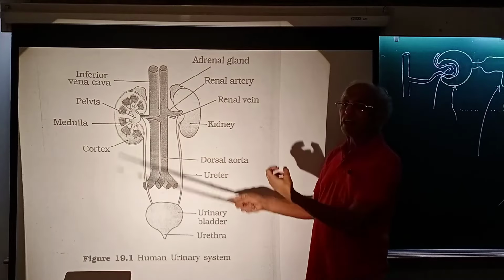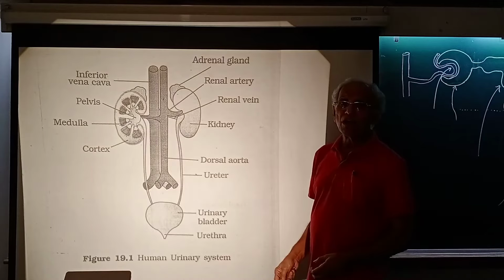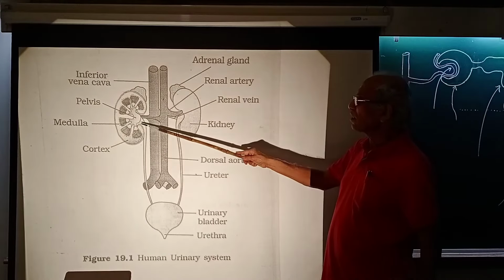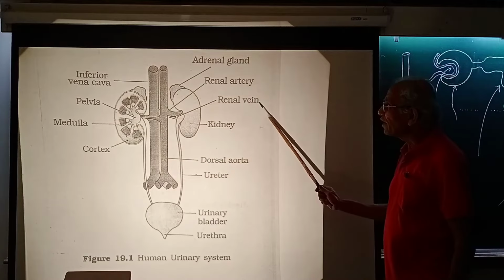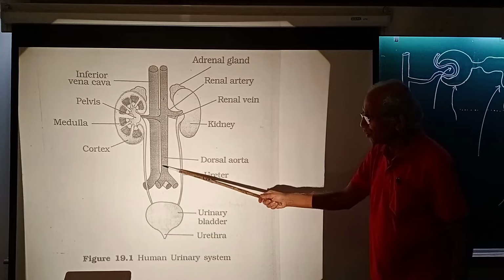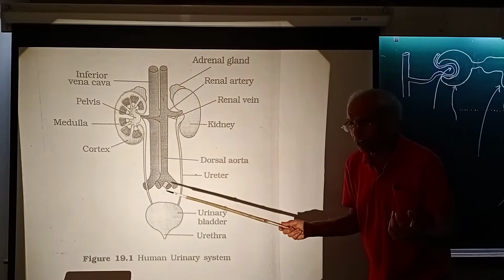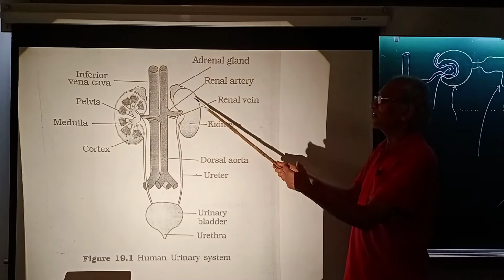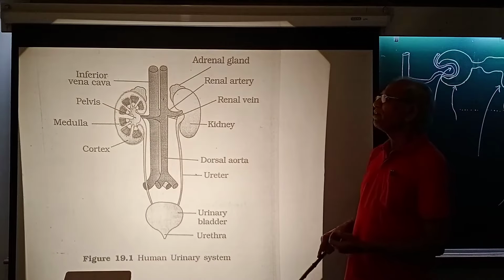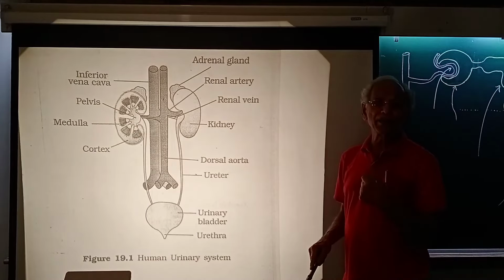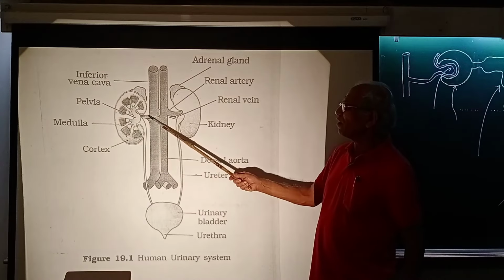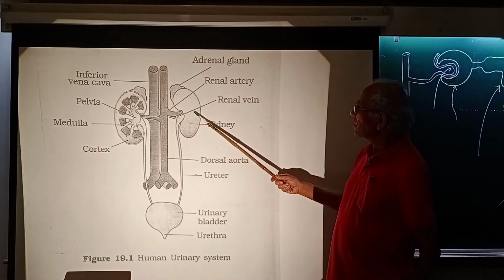When the blood gets filtered and processed, the remaining blood has to go back, and the blood is collected by what is called the renal vein. Renal artery starts from dorsal aorta, enters into kidney, blood gets filtered, and the filtered blood is collected by smaller and smaller branches. You can call them tributaries, and they all come together to form a renal vein.